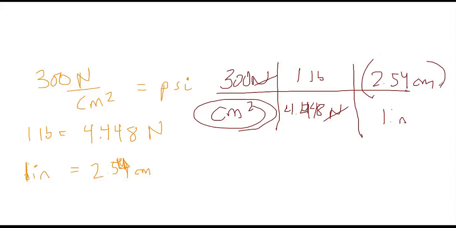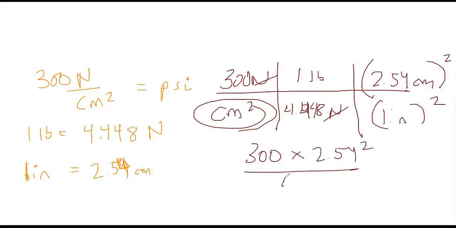So what we have to do is we have to square this. So you have 300 times 2.54 squared over 4.448. Oh no, I screwed that up. 435.13.